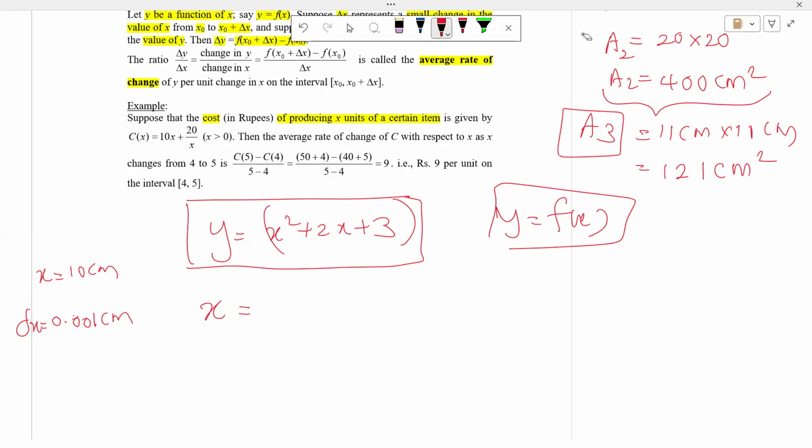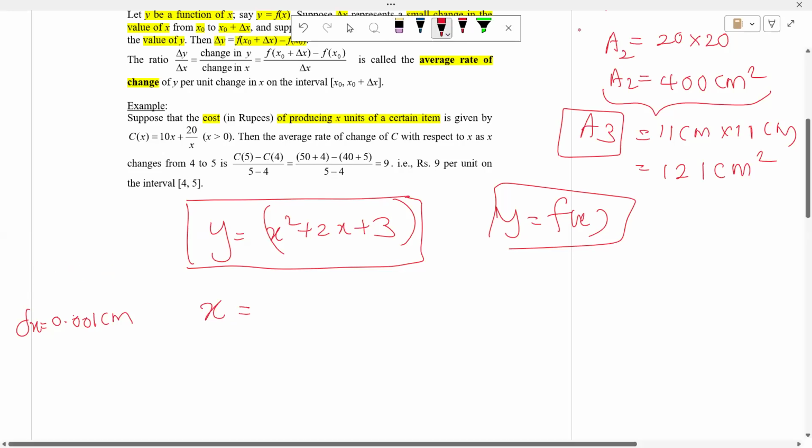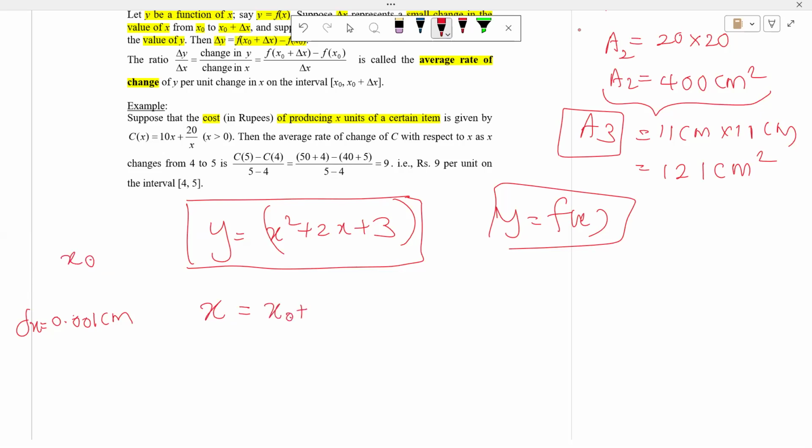Let's say you have your x value previously maybe x naught. Now what will happen if you increase the value of x by a small distance? Let's say this distance we can say delta x, right? Now your new x value becomes x naught plus delta x, right?